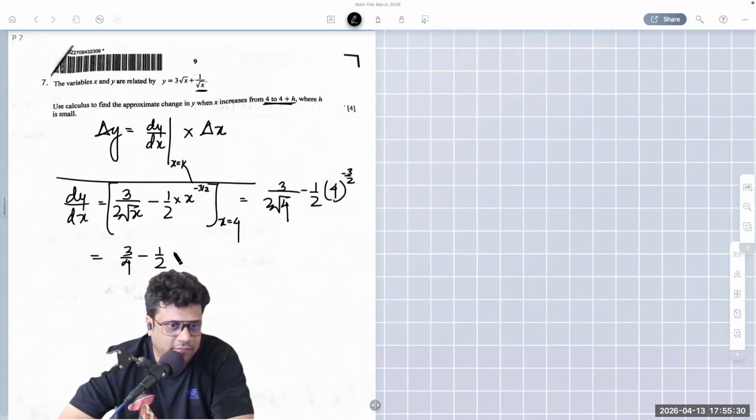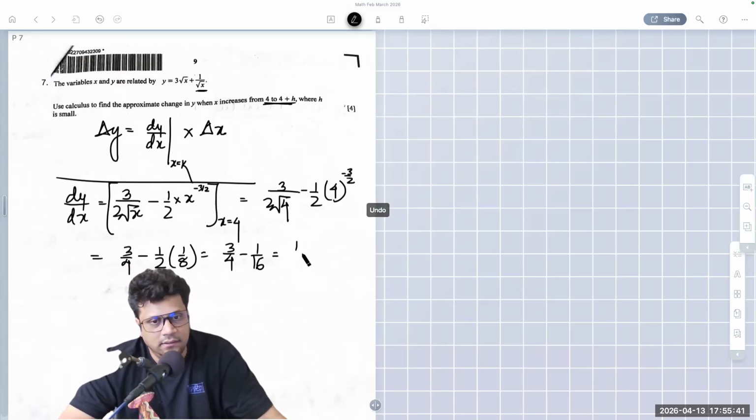That's 2. 2 to the power of minus 3 is 1 by 8. So you're looking at 3 by 4 minus 1 by 16. So that's 12 by 16 minus 1 by 16. That's 11 by 16.